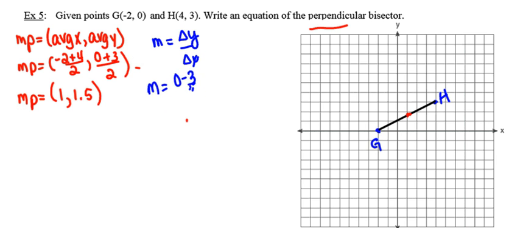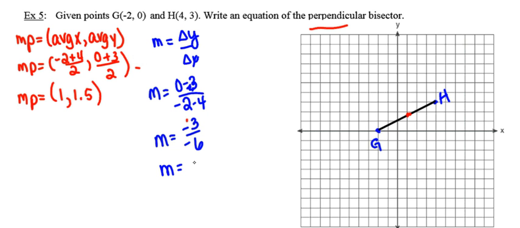So 0 subtract 3 over the denominator, which is -2 subtract 4. Up on top, 0 subtract 3 is -3, and -2 subtract 4 is going to become -6. So my slope here is going to be 1/2.